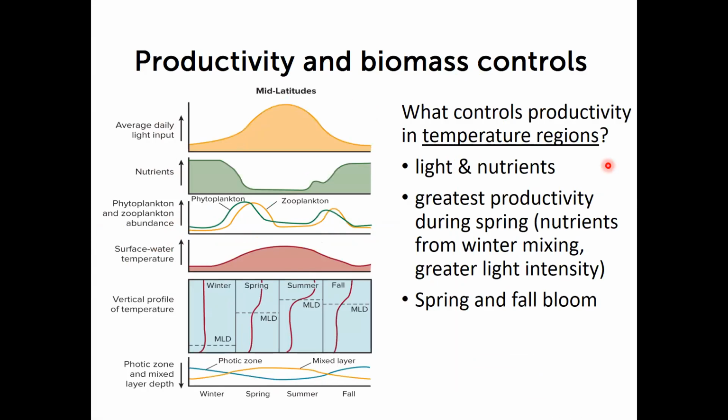Mid-latitudes, so this is the region between the tropics and the poles, are controlled by a combination of light and nutrients. So we have sunlight year-round in temperate regions, but sunlight intensity increases during summer and spring. Let's just start in the winter.